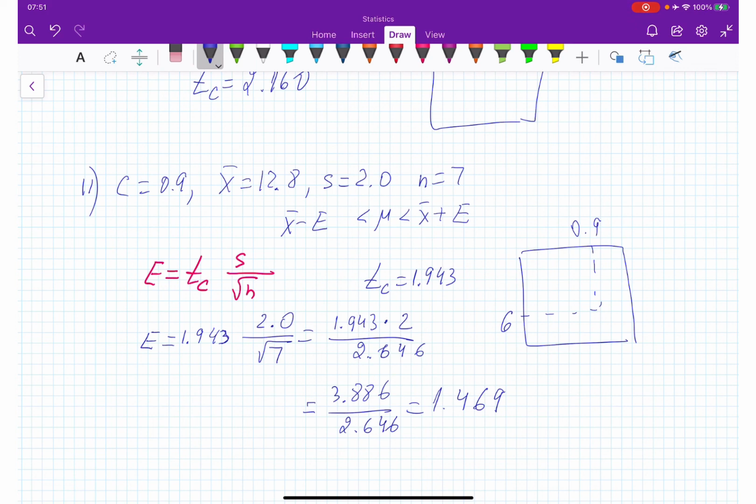Looks like they require 1 decimal. Since my x bar also 1 decimal, it's going to be 1.5.